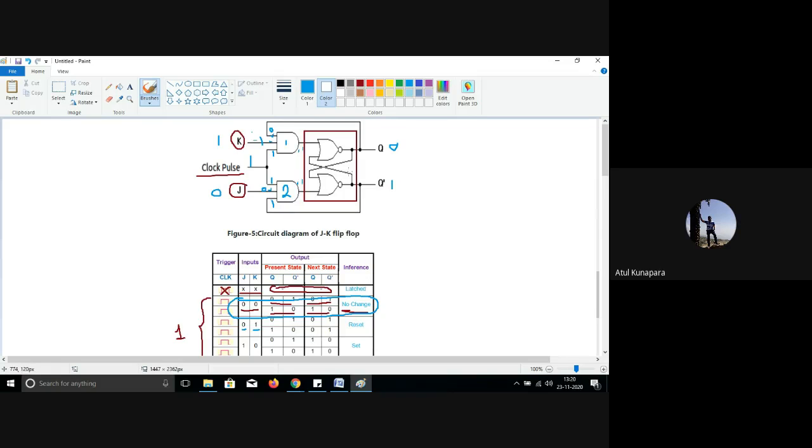So what will that give you as output here, at this AND gate? Right now it's going to reset the condition. Sorry, what was I talking about? J equal to 0, K equal to 1. Yeah.